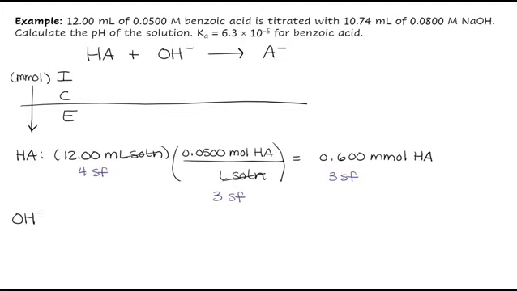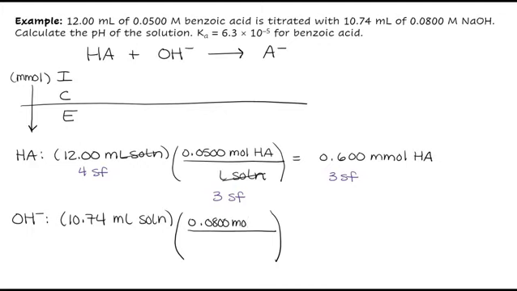Calculating millimoles of hydroxide, we have 10.74 milliliters of solution times the hydroxide molarity, which is 0.0800 moles of OH minus per liter of solution. Liters of solution will cancel, and we're left with milli and moles.